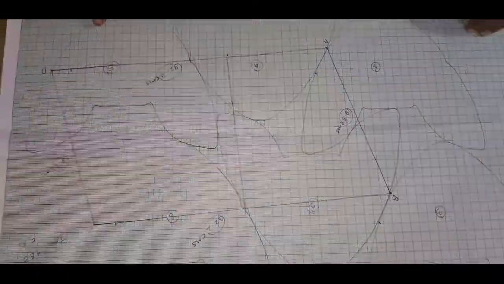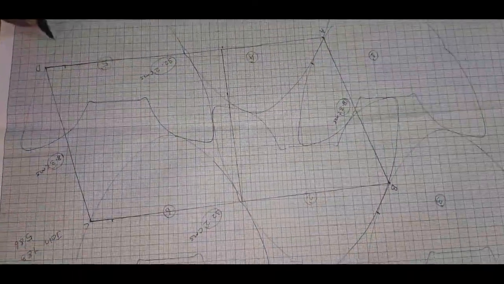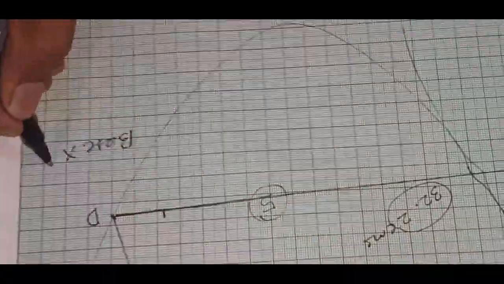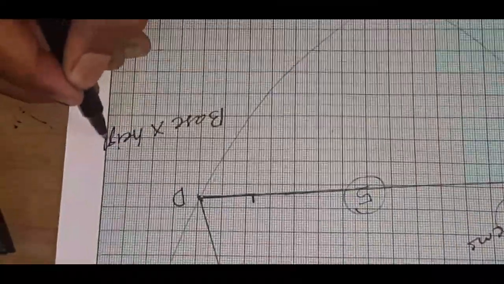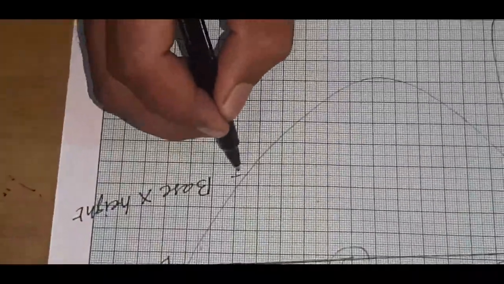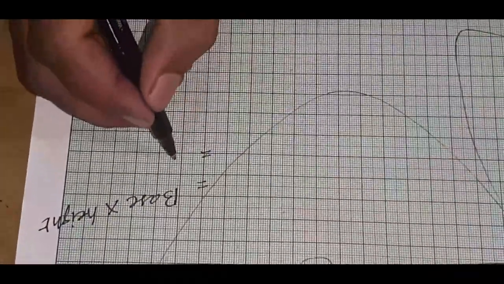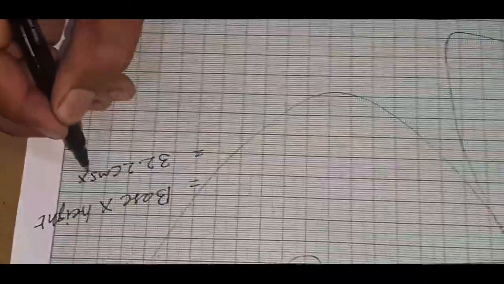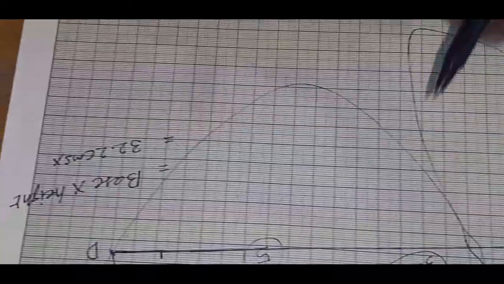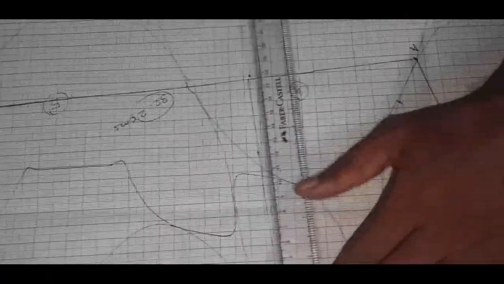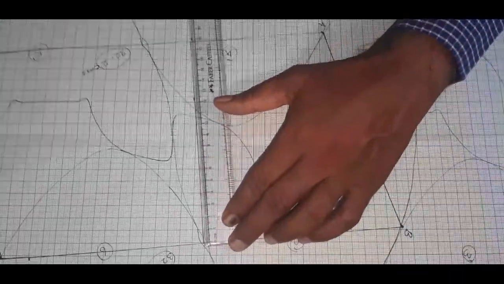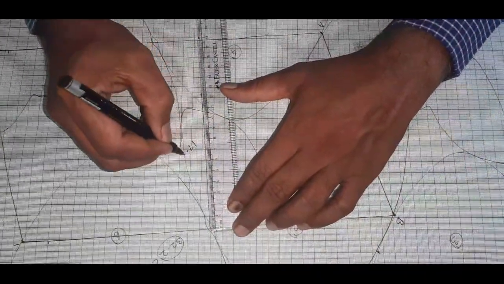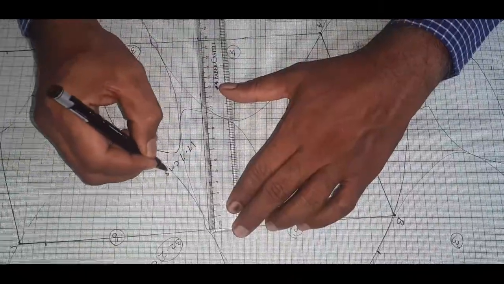The parallelogram formula is base multiplied by height. So the base is 32.2 centimeters. Height is 17.7 centimeters.